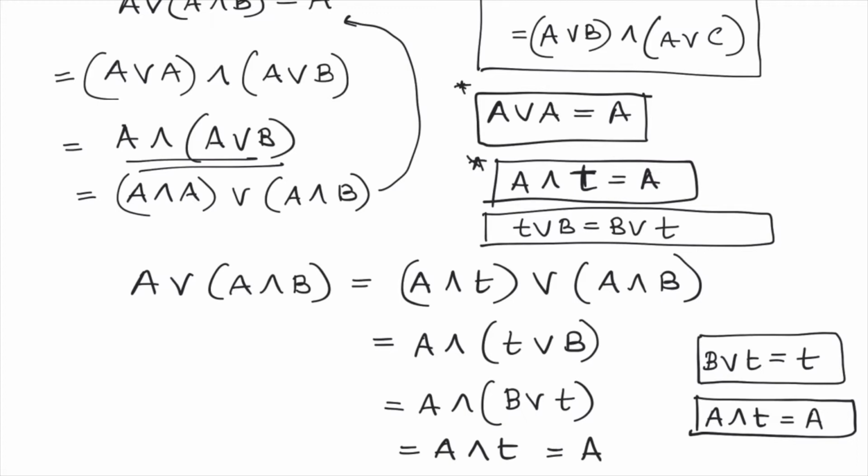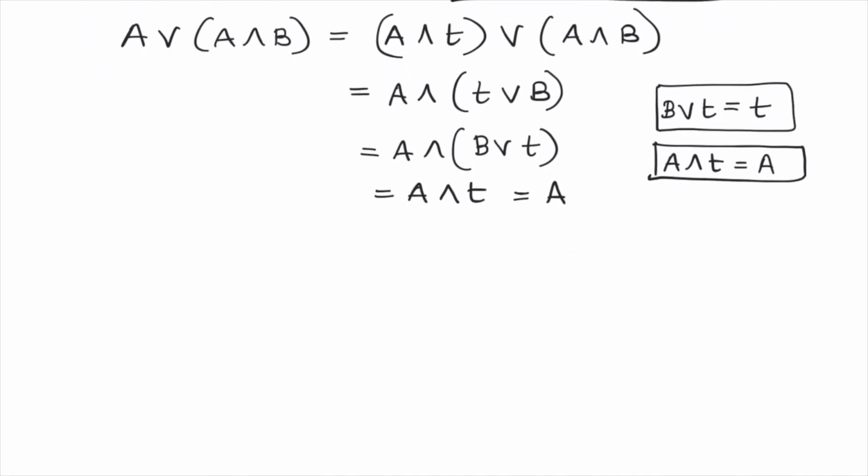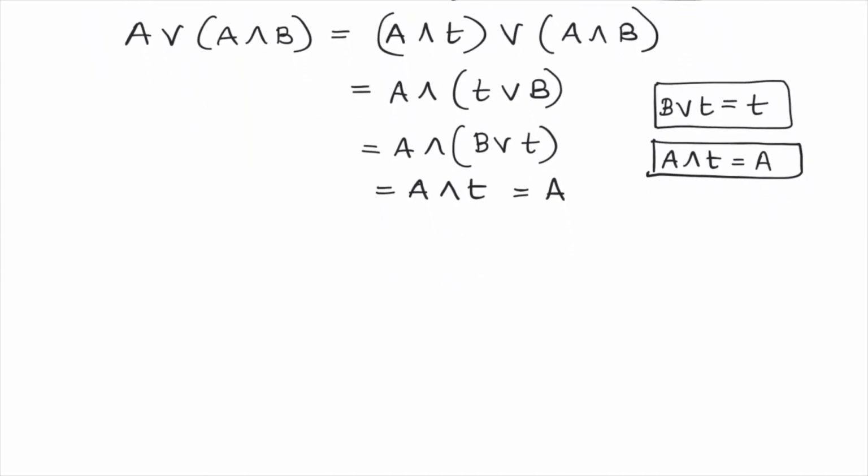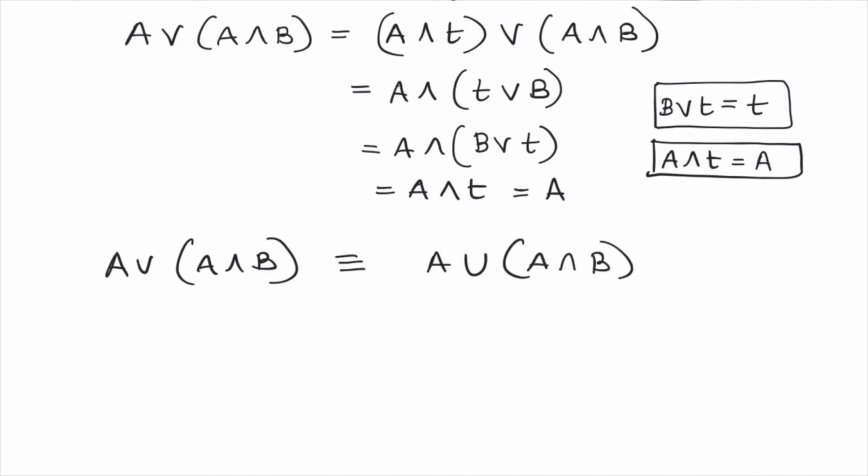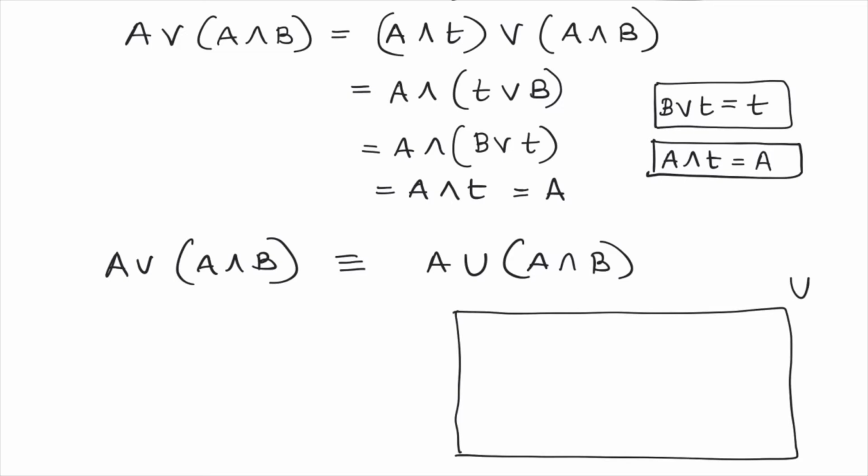Now, the third approach is using a Venn diagram. So we have to consider the equivalent statement from set theory. In set theory, this would be considered equivalent to A union A intersection B. So instead of a mathematical statement, you consider sets, and this is a universal set.